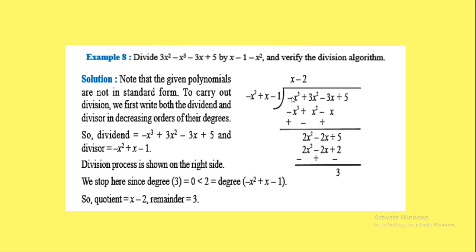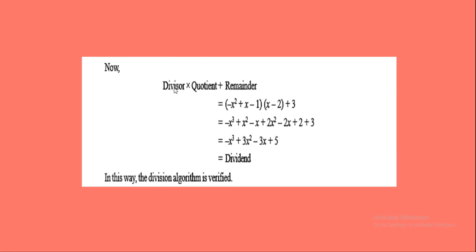By the division algorithm, the dividend is equal to the product of the divisor and the quotient plus the remainder. So we have to verify that. The dividend is equal to minus x square plus x minus 1, that is the divisor, into the quotient x minus 2, plus the remainder 3.